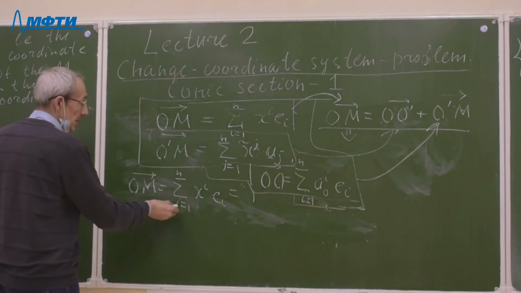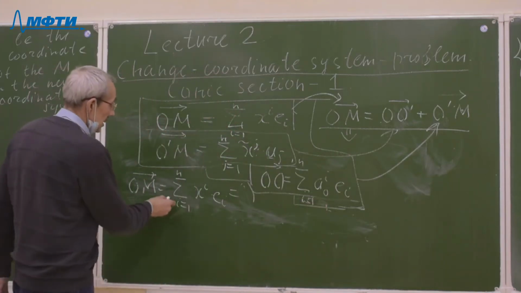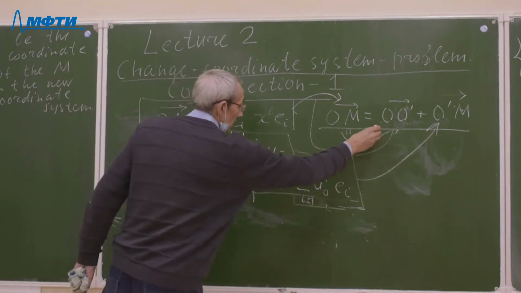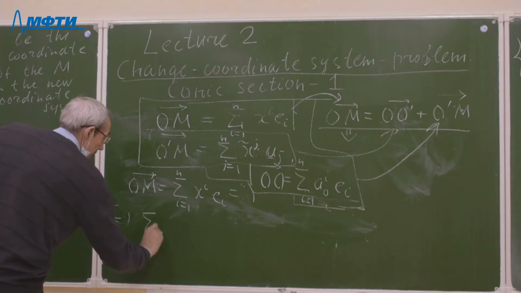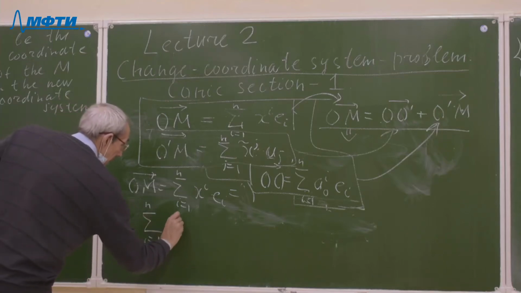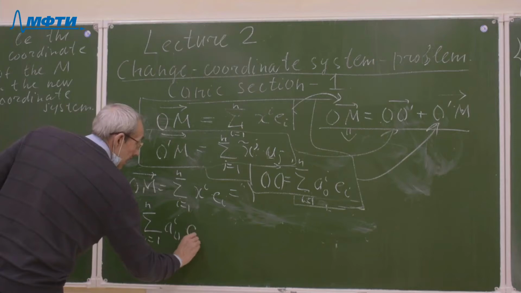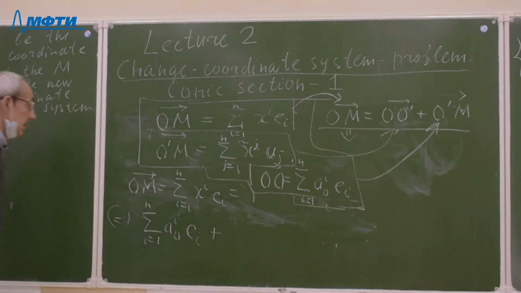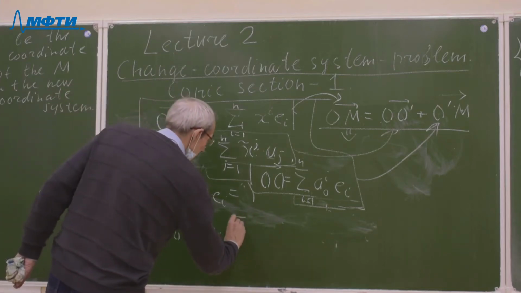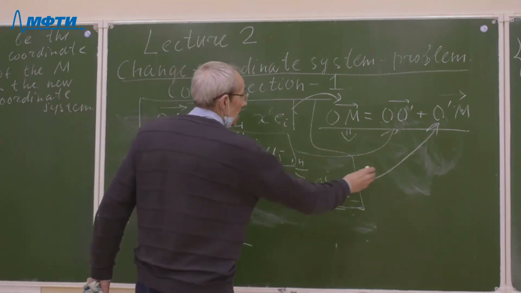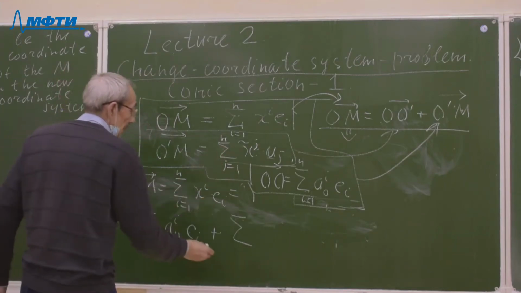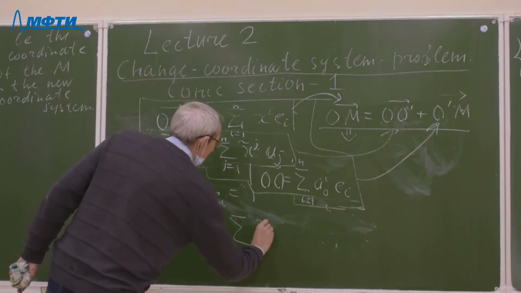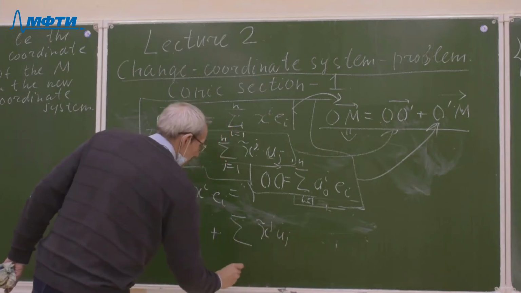OM is equal to the following linear combination. OO prime is equal to the sum of ai0 ei, plus O prime M is equal to the following linear combination, the sum of x tilde j uj.